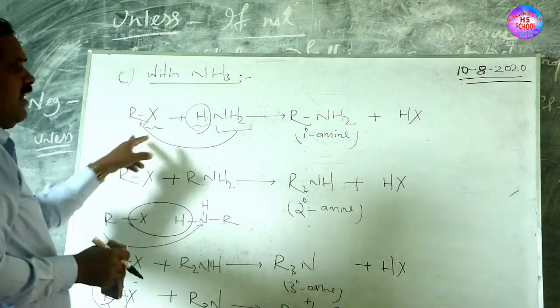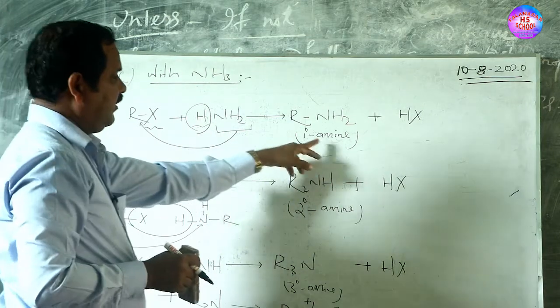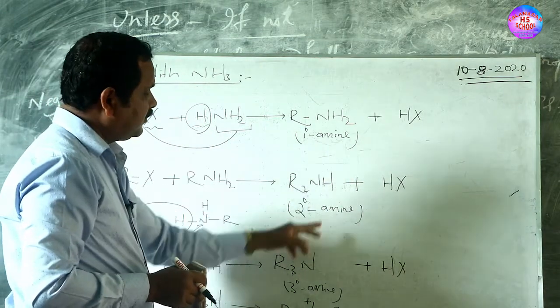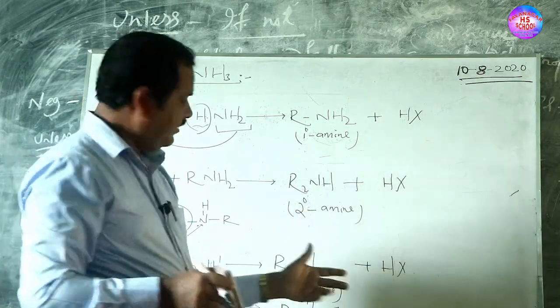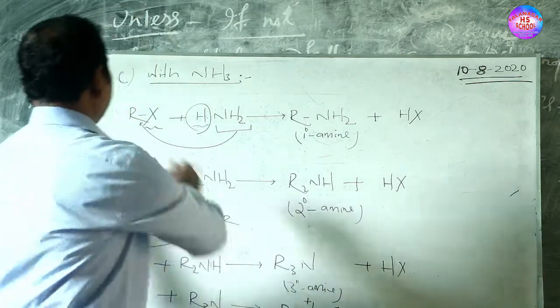So, alkyl halides react with ammonia to form primary amine, secondary amine, tertiary amine, and finally a quaternary ammonium salt.